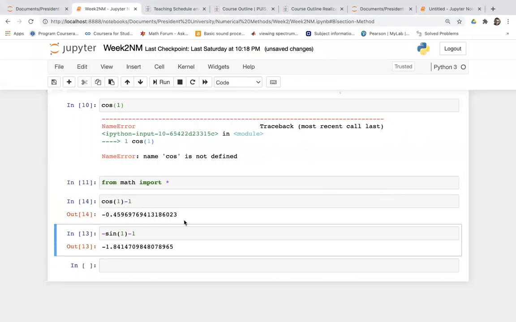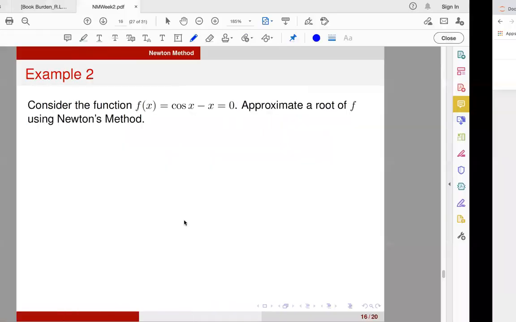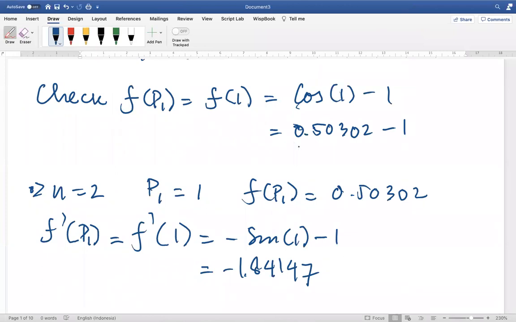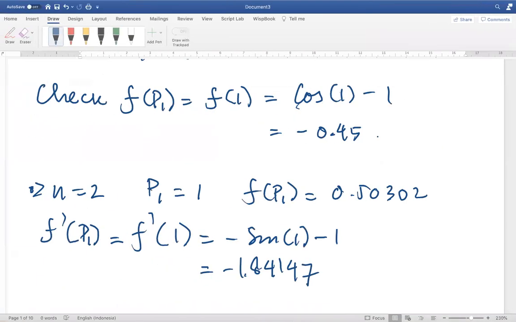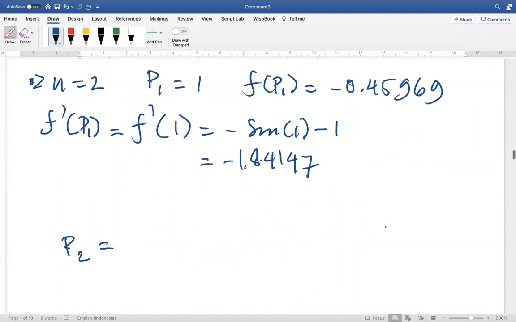Minus 0.45969. Okay, then you can put again here minus 0.45969.